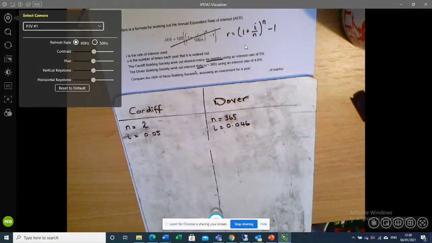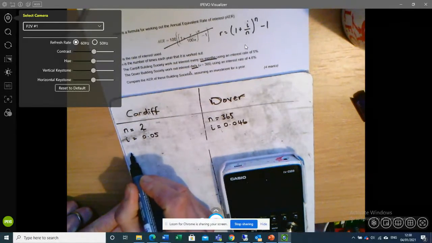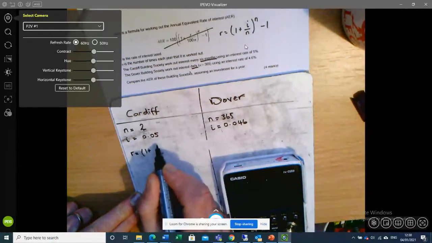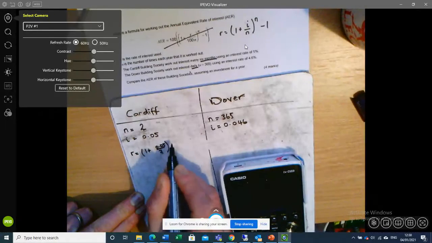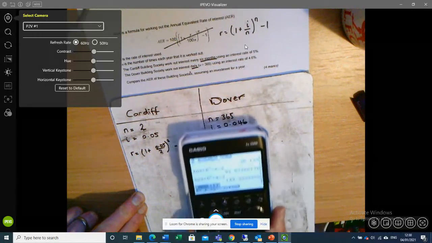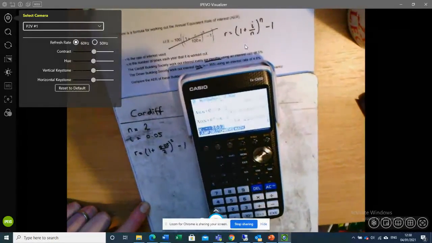Okay, so let's grab a calculator. Now, I can simply substitute these numbers into my formula. So R is equal to 1 plus 0.05 over 2, to the power of 2, minus 1.